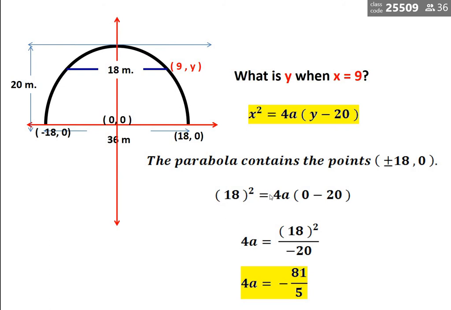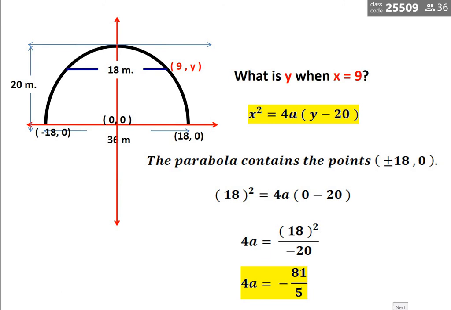By substitution, we have the square of x, which is 18, and for a we don't know, times (0 minus 20), because of this. Simplify further by dividing both sides by negative 20. So we have 18 squared over negative 20.